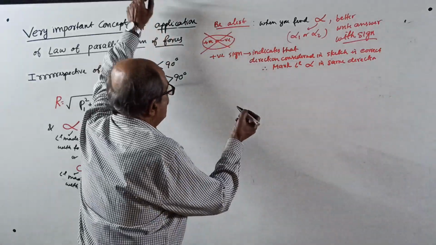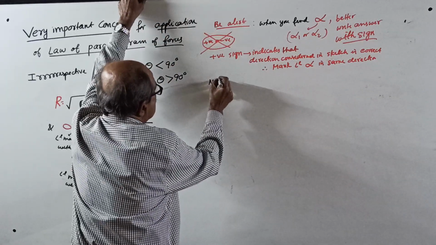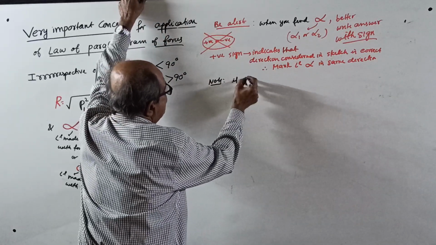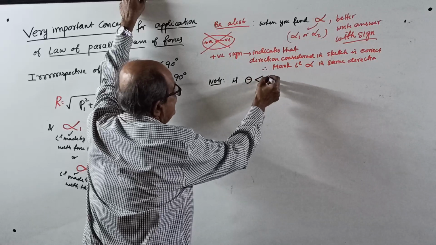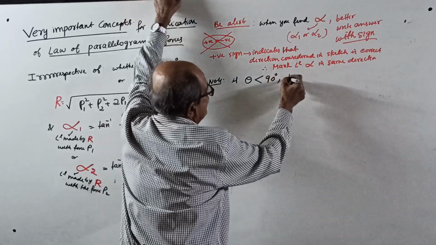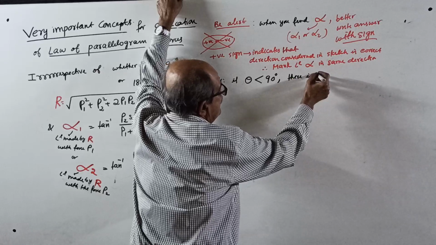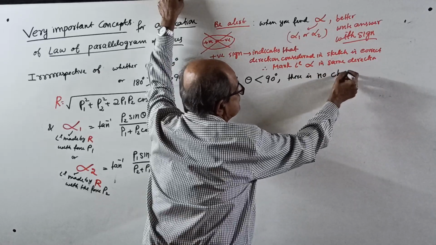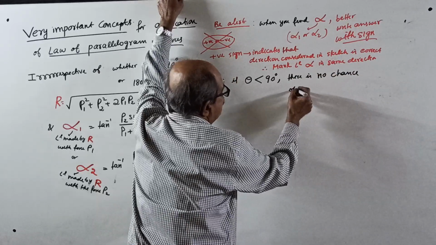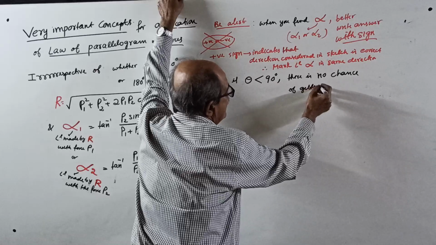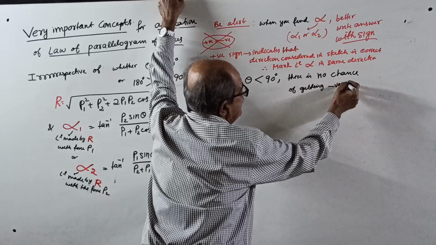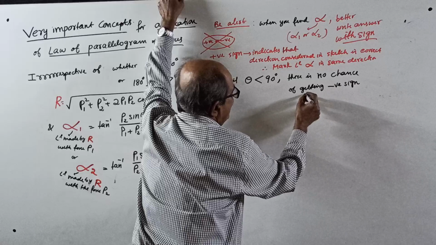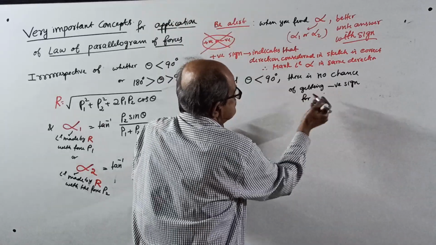Now, one note. If theta is less than 90 degrees, there is no chance of getting a negative sign for the answer, for alpha.